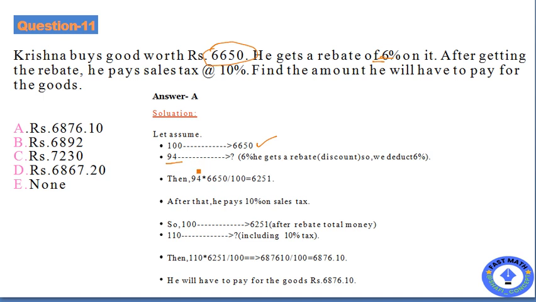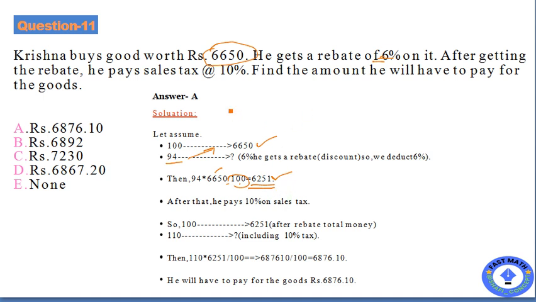Then what is the basic cost? That means 94 into 6,650 divided by 100, that gives the percentage of reduction after discount. That means after discount he is getting the goods at the cost of 6,251 rupees.